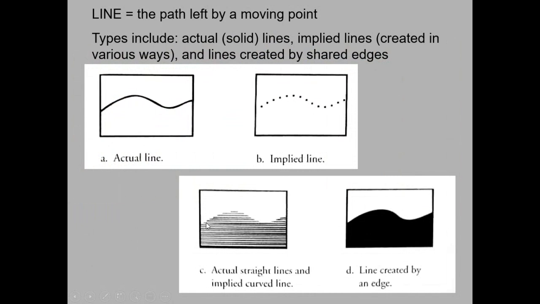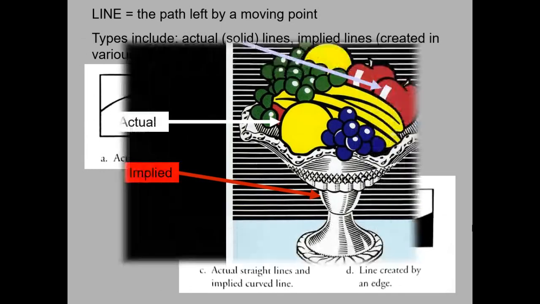Same thing is happening here. Your brain perceives a line along that area, but it's made by stopping and starting this linear texture at the bottom. We also usually see lines dividing two strongly different values or colors. So we can create lines by what we call shared edges.